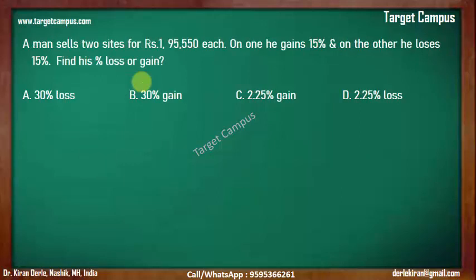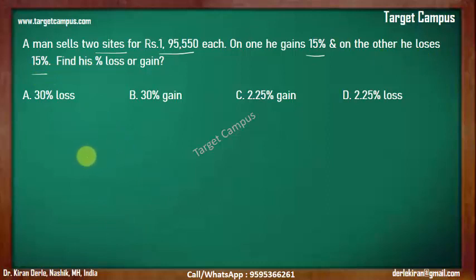Let's move ahead. A man sells two articles for the same price each. Okay, selling price of two articles is equal. On one he gains 15% and on the other he loses 15%. If you watch our concept video, we have already shown this.